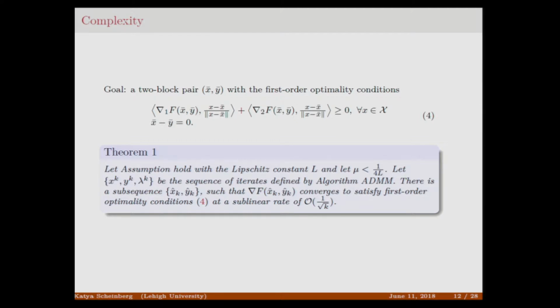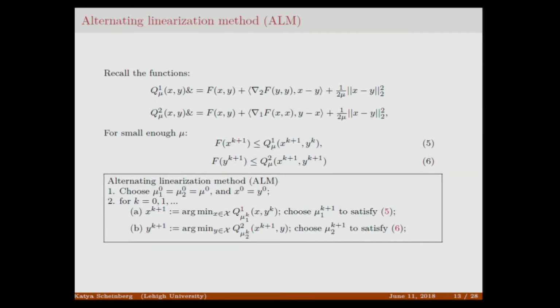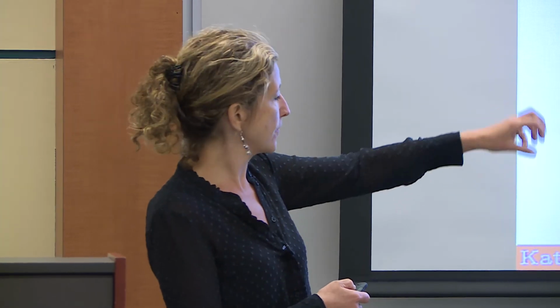OK. So now, to compare, we can have an alternating linearization method, which means that instead of updating lambda, we directly compute those gradients and plug them in. They're not exactly expensive, so why not do that? It depends on the functions, obviously, but in our application, at least, it wasn't very expensive to compute the gradients.